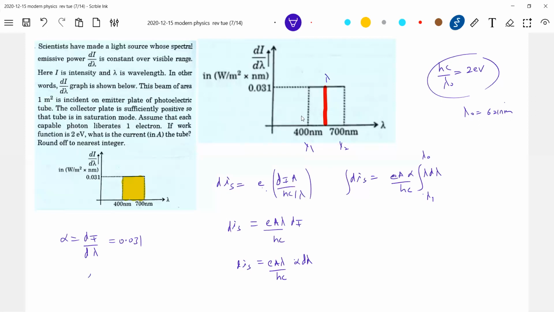E is the charge of the electron, 1.6 times 10 to the power minus 19. These are very troublesome symbols, even in the exam. Even if you're able to think, we may go wrong in substituting symbols. This topic, modern physics, is very troublesome. Sometimes we may assume hc has certain values, but sometimes it is mentioned specifically, and that has to be taken. You have to be very careful.